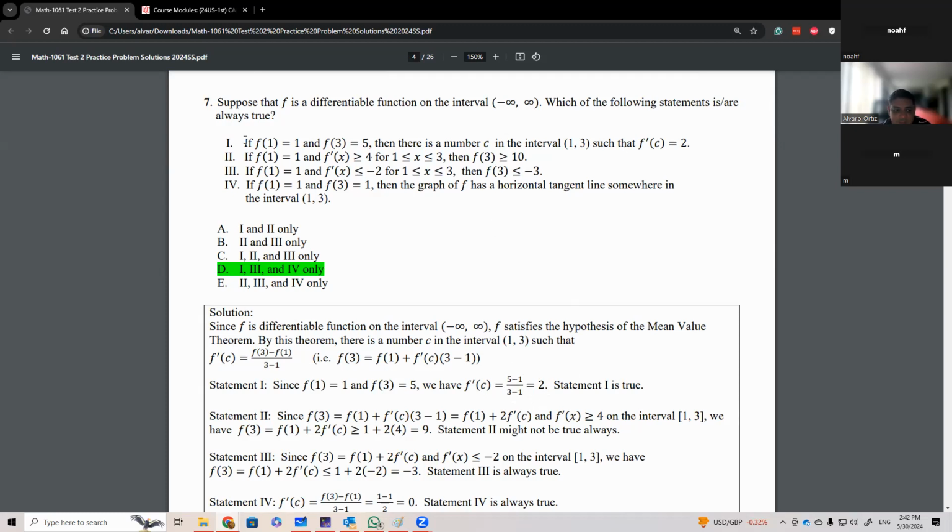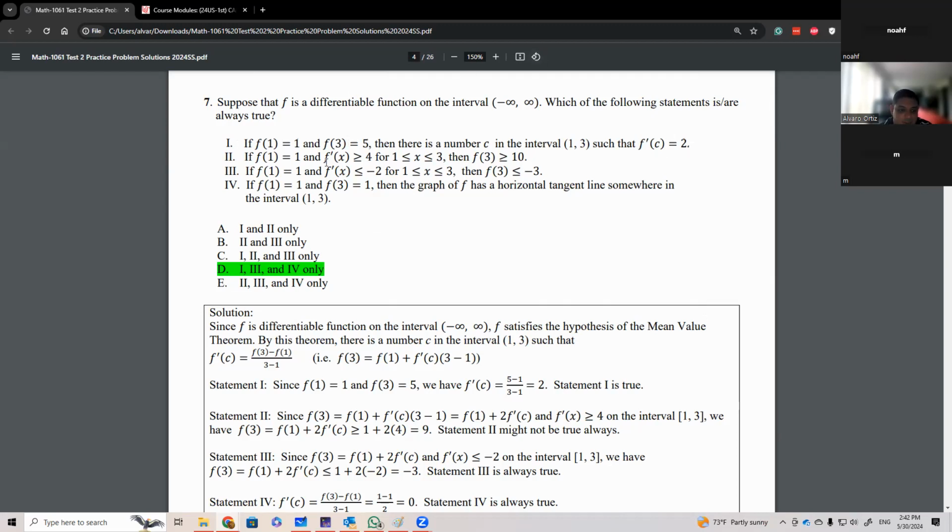This is just from the definition of the mean value theorem. The hypothesis is that you have continuity and differentiability in a given interval, and so you're able to find a number that gives a certain particular amount.